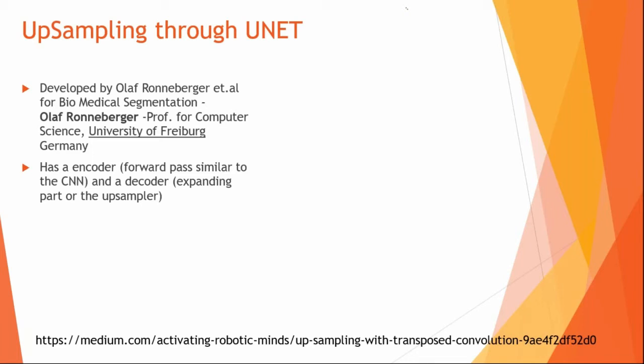These are techniques by which you can upsample or interpolate. But there was one person by the name of Olaf Ronneberger, a professor from Freiburg University in Germany. That team developed an architecture called the UNet. So you can have a look at this.